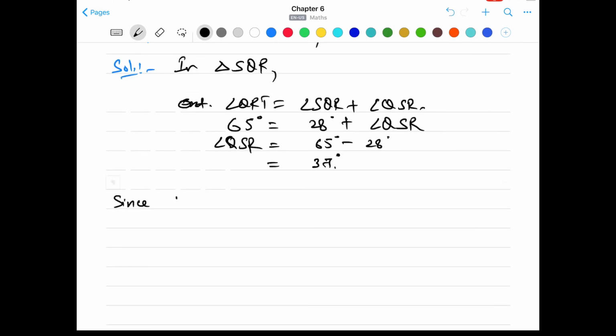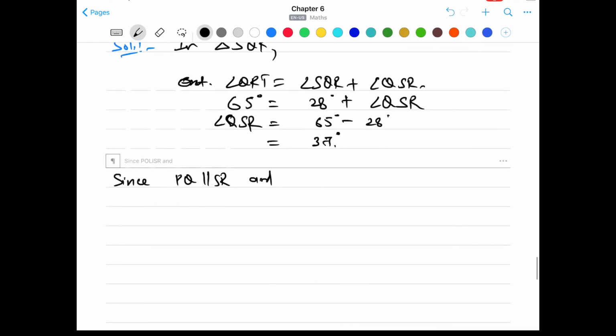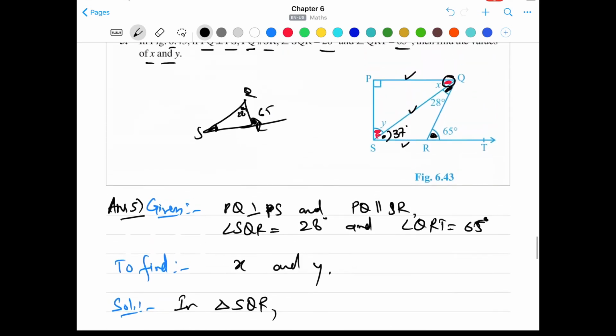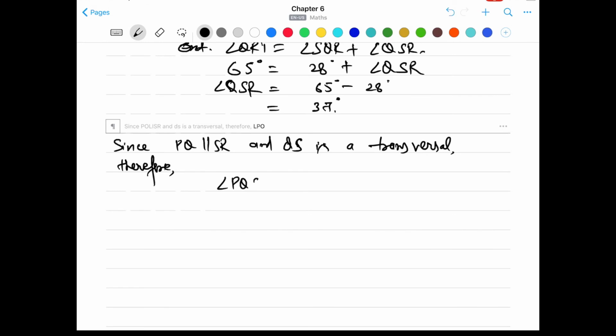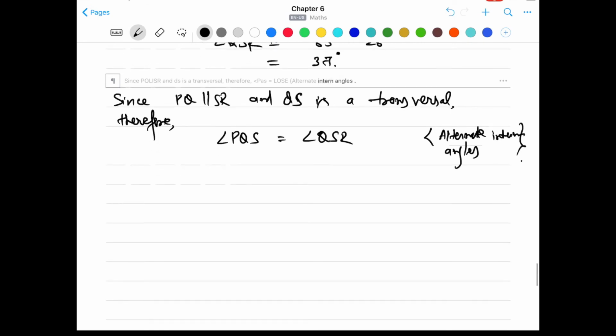So I'll write, since PQ is parallel to SR and QS is a transversal, therefore angle PQS will be equal to angle QSR, because they are alternate interior angles.